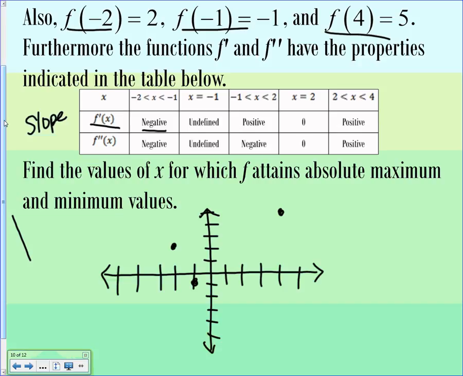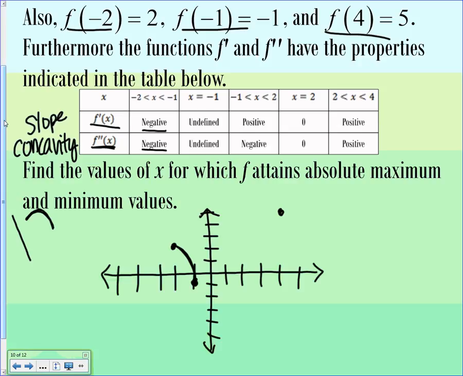And then it also tells us the second derivative is negative. Well, that's dealing with concavity. And so concave down is going to be something that looks like this. And so you're going to make it look kind of like that. At -1, it's undefined for both the slope and the concavity. That means it's going to be probably a sharp point there.